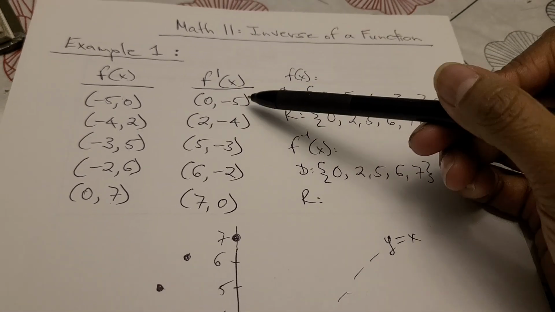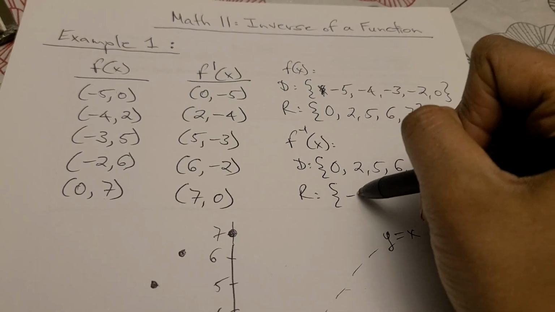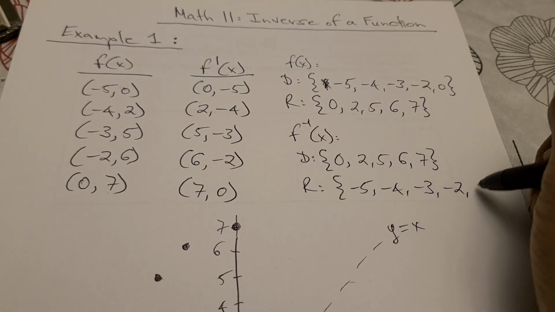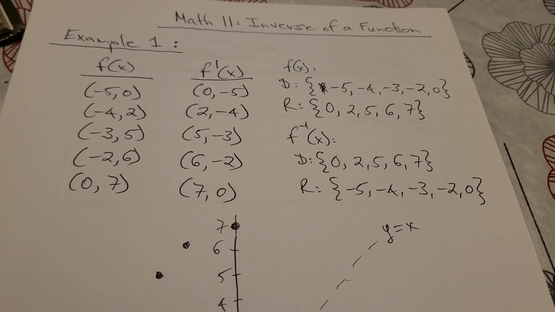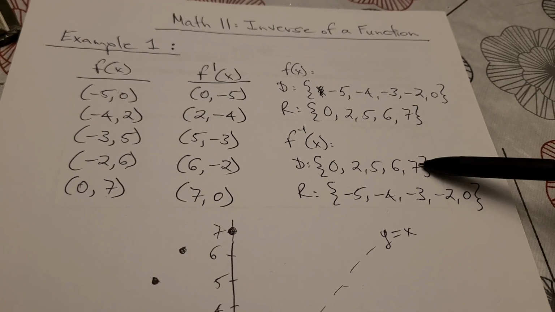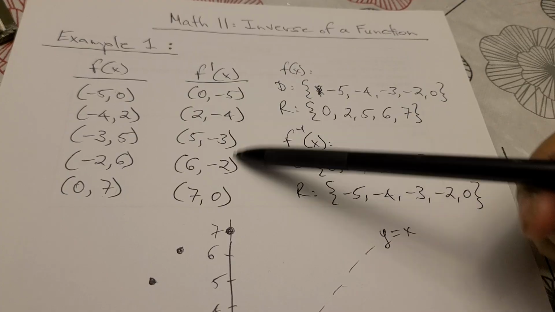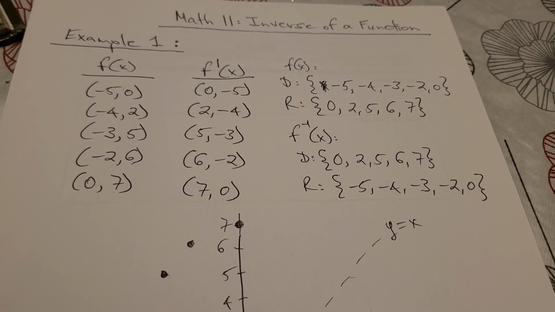Same thing with the range: -5, -4, -3, -2, and 0, like this. The only time you state the domain and range like this separately as numbers is if you're actually given these individual coordinates. All right, and that's it for example 1.